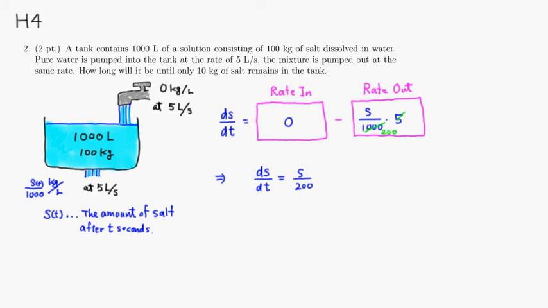Luckily, this is something you can work with because this is a separable equation. Then the initial condition is S of 0. Initially the tank contains 100 kilograms of salt. So you can think of this problem as solving this initial value problem.